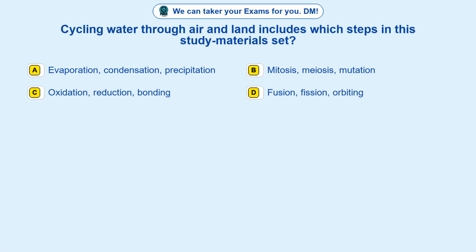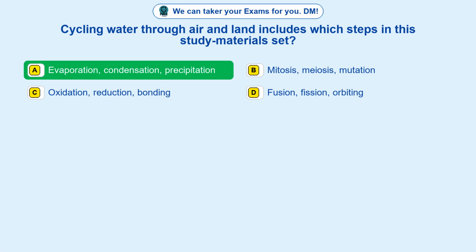Question 87. Cycling water through air and land includes which steps in this study materials set? Option A, evaporation, condensation, precipitation. Option B, mitosis, meiosis, mutation. Option C, oxidation, reduction, bonding. Option D, fusion, fission, orbiting.